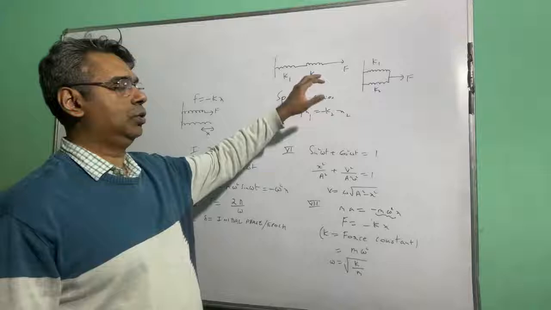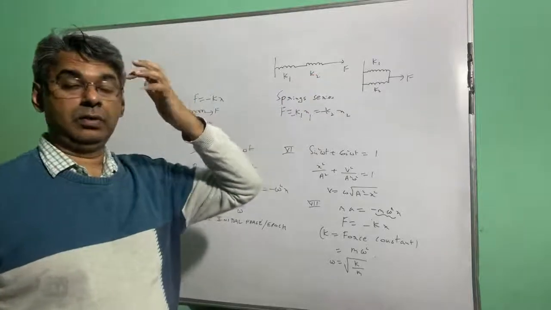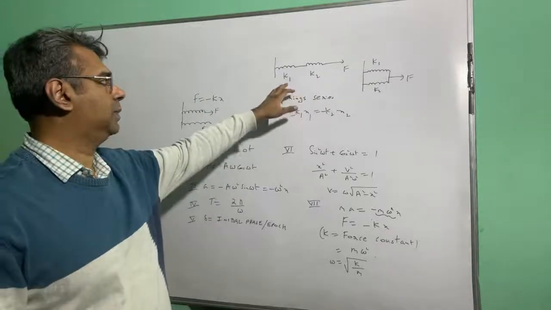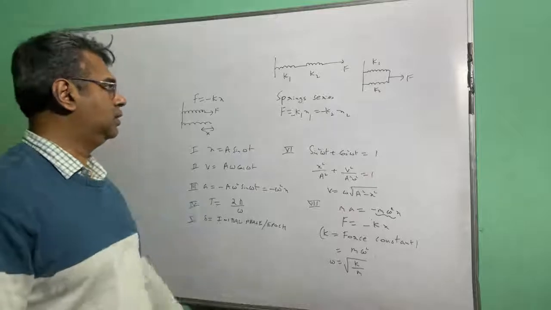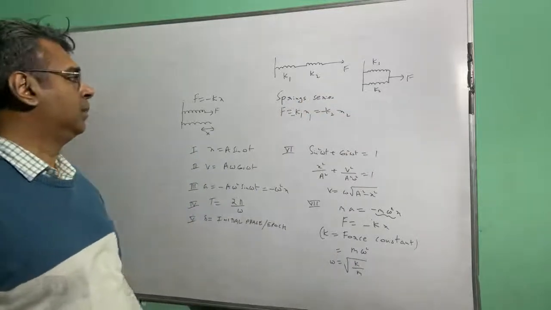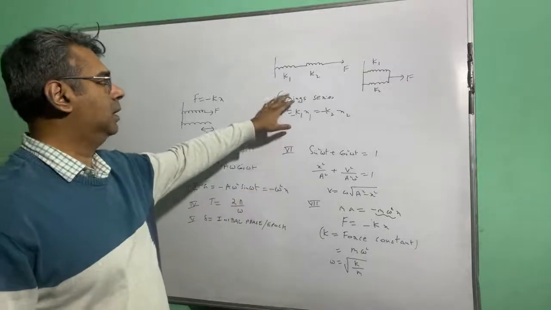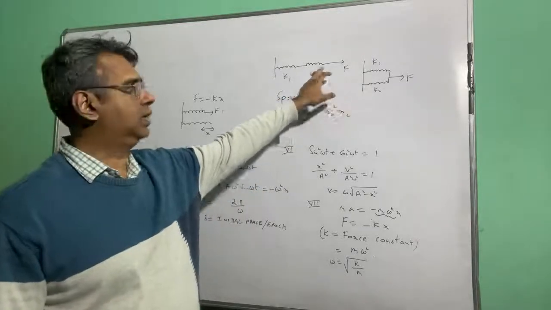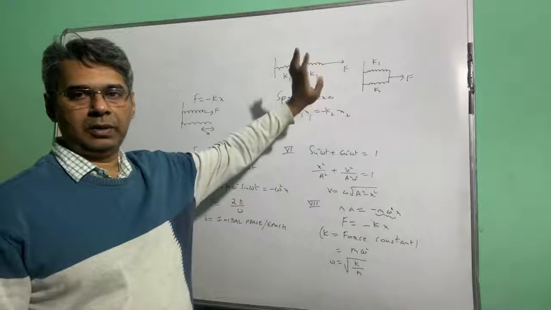So here there are two springs of spring constant K1, K2. They are called springs in series. So here in this diagram, K1 and K2 are the spring constants. The springs are in series. So when the springs are in series and you are exerting a force, the force will be common to both of them.